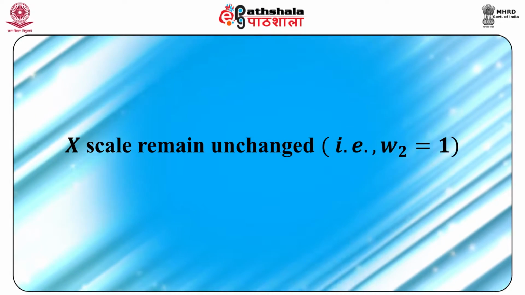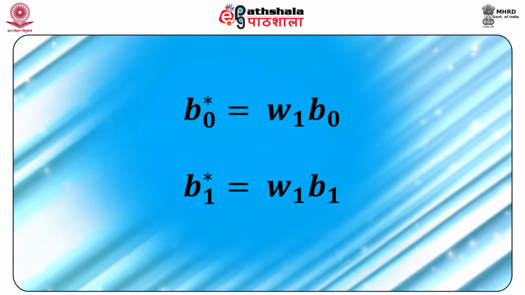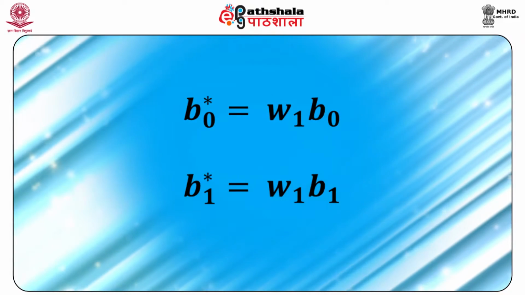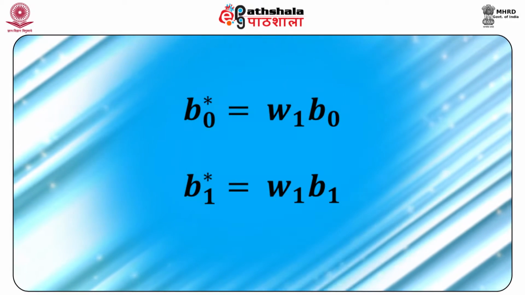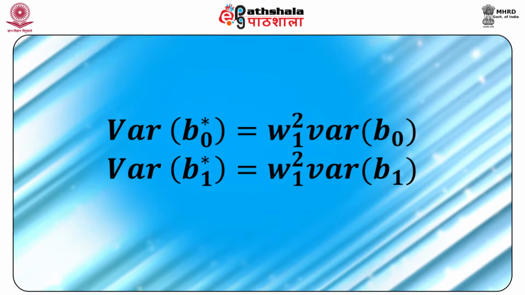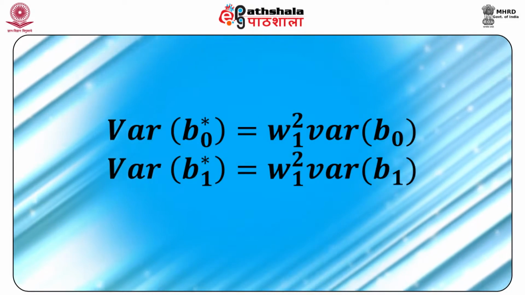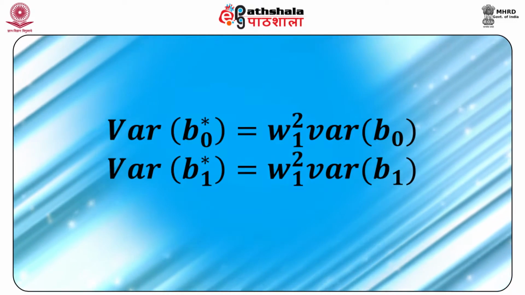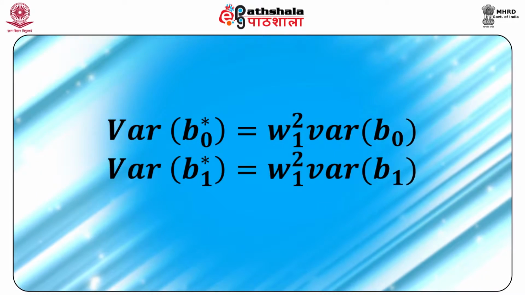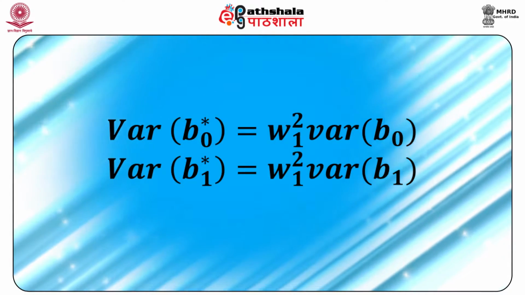In that case, you will find that b0 star comes out to be equal to W1 b0 and b1 star comes out to be equal to W1 b1, and variance of b0 star is now equal to W1 square into variance of b0, and variance of b1 star comes out to be equal to W1 square into variance of b1. The slope and intercept coefficients along with their respective standard errors are both multiplied by W1, which is the scalar we had used with the y variable.